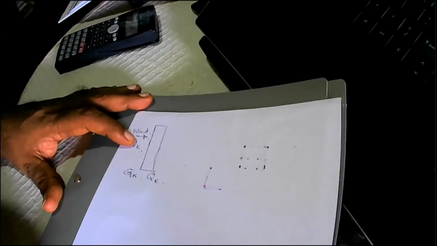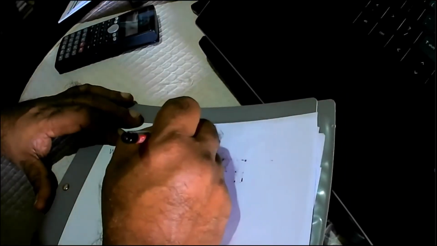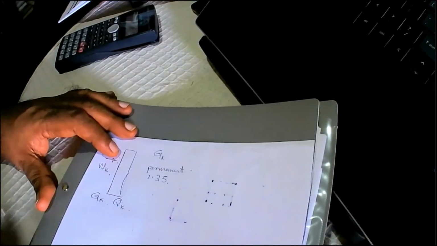So in Eurocodes, you can have GK always as a permanent load. GK is permanent, and it can carry a factor of safety of 1.35.